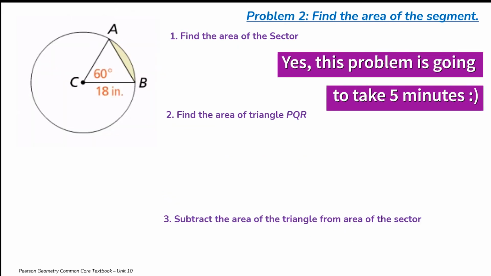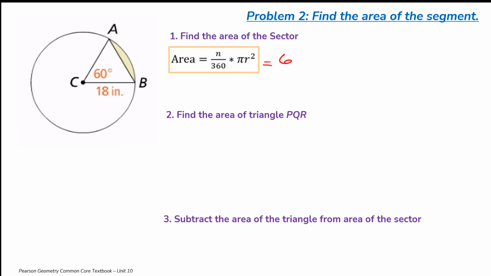So problem 2 here, of course we want to find the area of the segment. And of course we want to find the area of the sector first. So in this case, n is 60 because we have a 60-degree angle here, so the arc measure is also 60. Times pi r squared. So 18 squared, that is my radius.